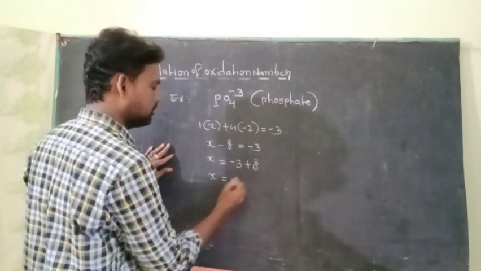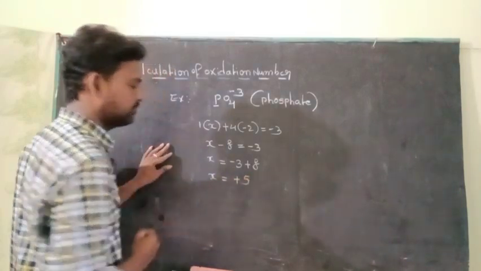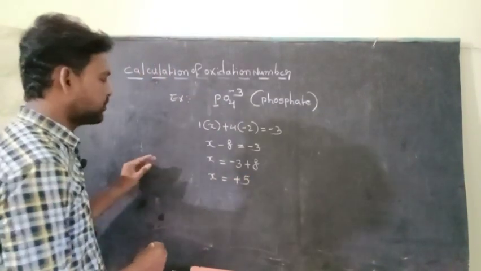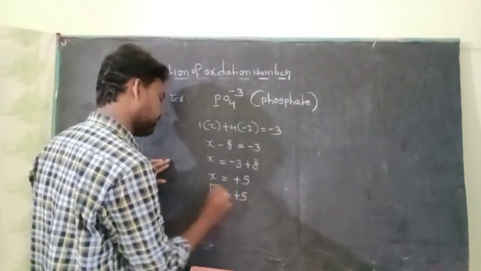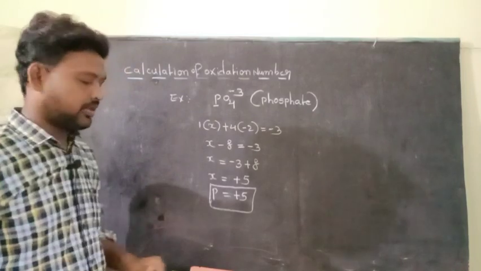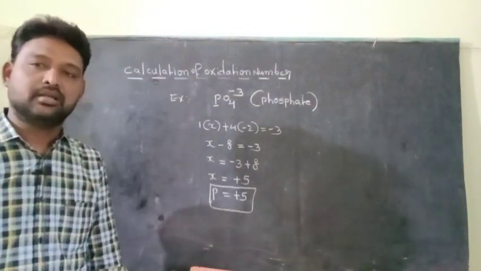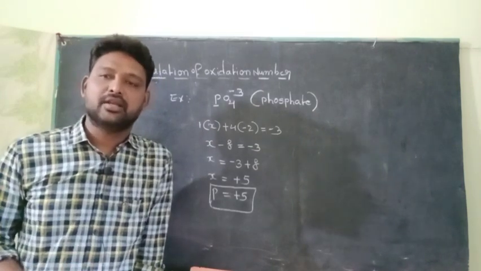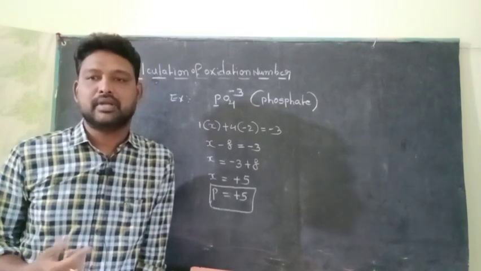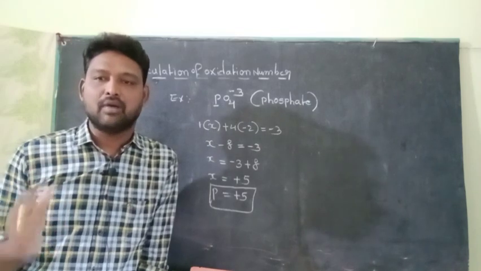X equal to plus 5. So the oxidation number of phosphorus is plus 5. Okay. So these are the different methods to calculate the oxidation number in compounds.